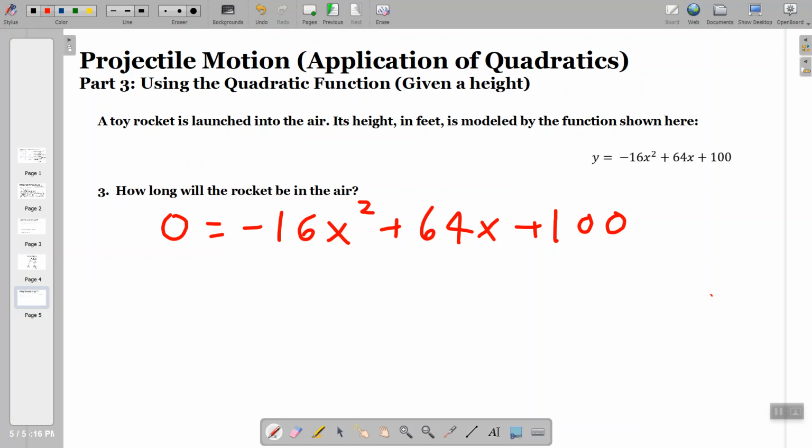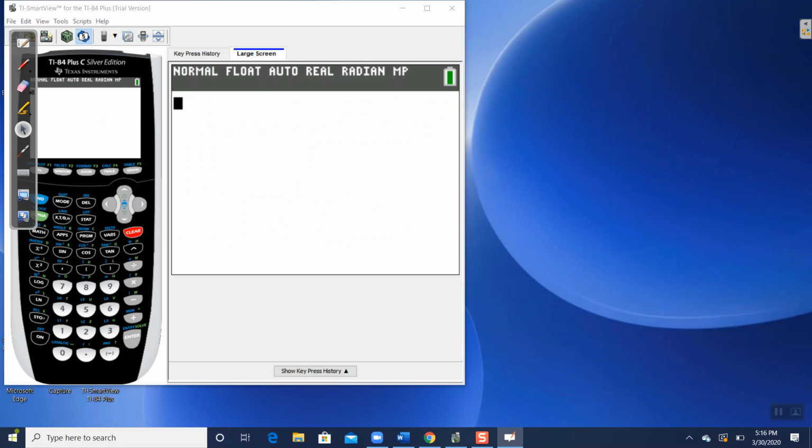Now in the last two examples, when I substituted in something other than 0 for y, I had to take the time to get it equal to 0, but this one's already equal to 0. So I'm going to go ahead and go over to my calculator and do the discriminant, just like I was doing before. 64 squared minus 4ac, 4 times negative 16 times 100.